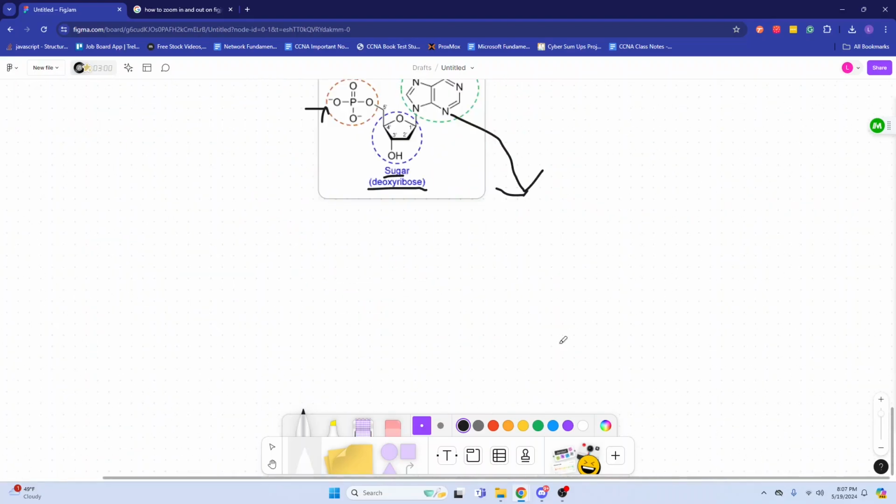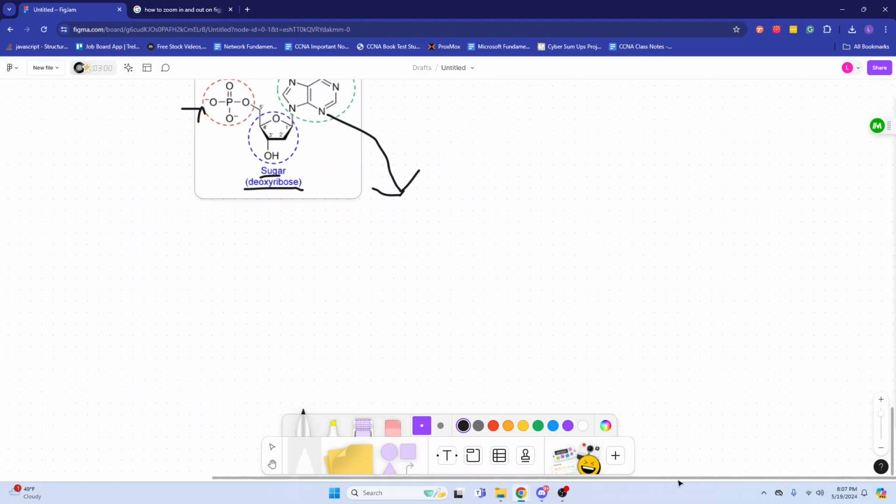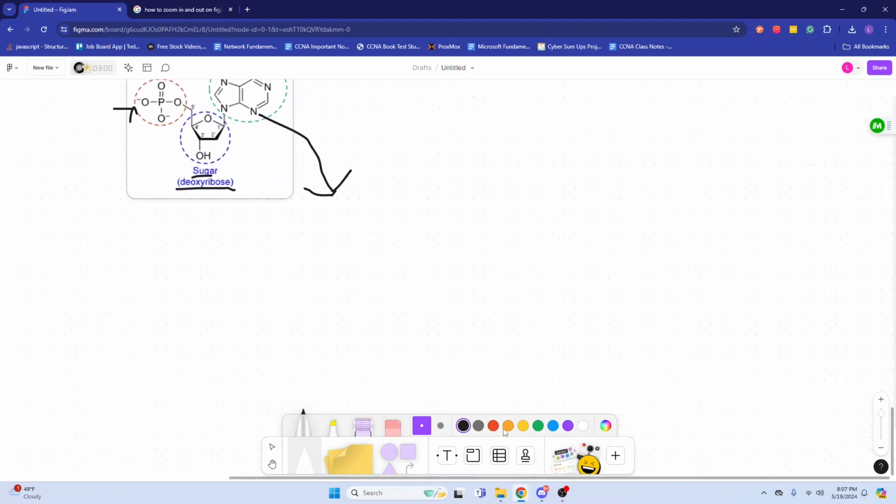There are 4 different nitrogenous bases that we have to know. I'm going to put these in different colors just to be fun. We're going to start off with thymine. Then we'll go to orange, even though orange is ugly: adenine.